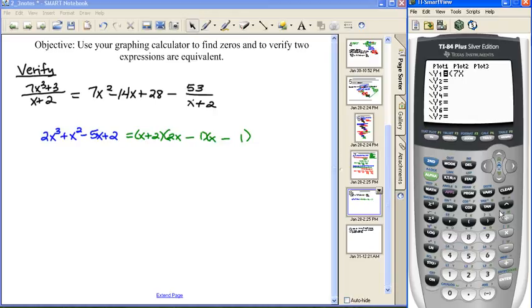Put in parentheses 7x cubed plus 3, close parentheses, divided by, in parentheses, x plus 2.